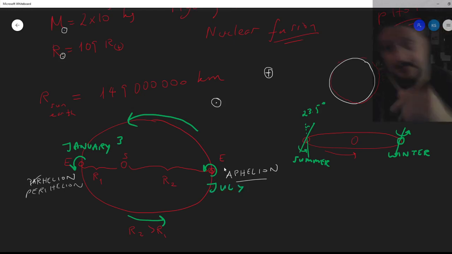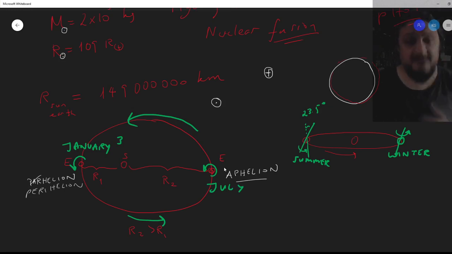But this has nothing to do with the seasons. If you were checking the aphelion and perihelion 1,000 years ago, maybe you would be finding them in March. So those change a lot over the centuries. So Earth has this rotation around its own axis, and it's tilted.